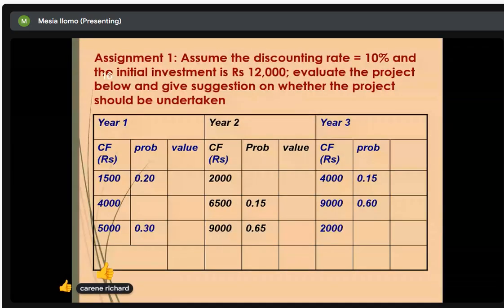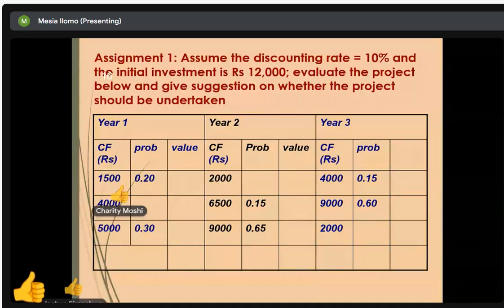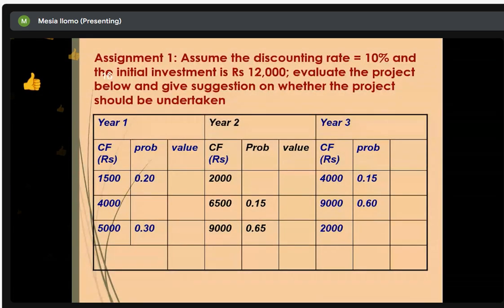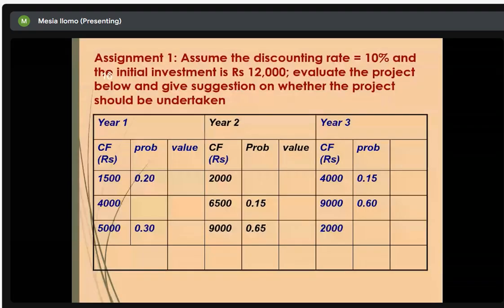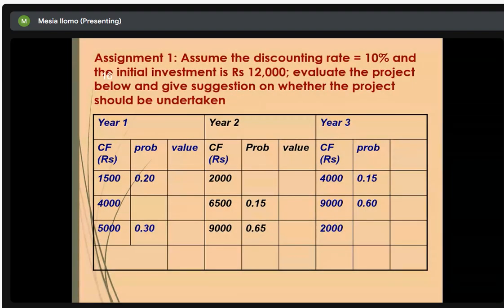Yes. Okay, so I want you to work on this, and I suppose this might be the last exercise for today. You recall this example or exercise which you did, and you were able to compute the expected value. For example, for year one, what was the expected value? $3,800.